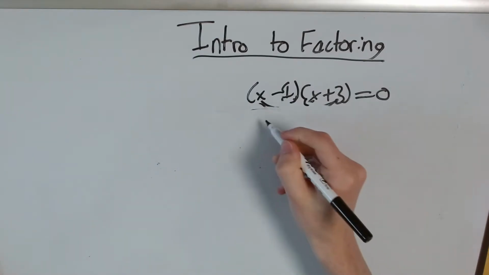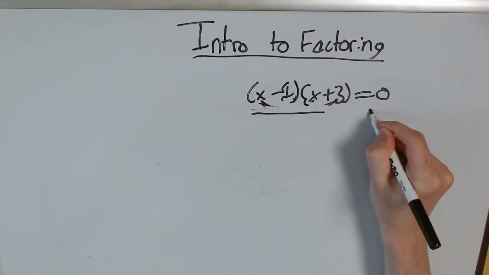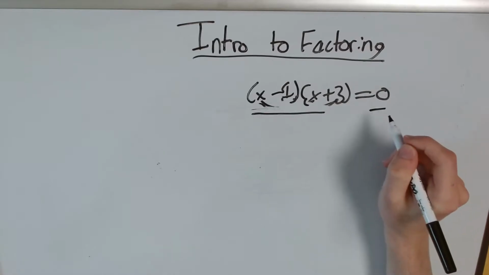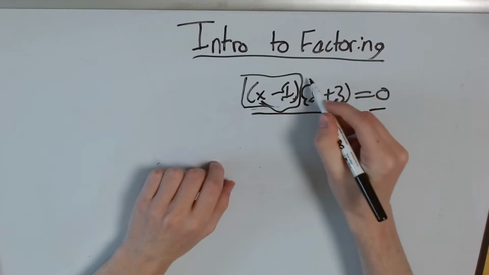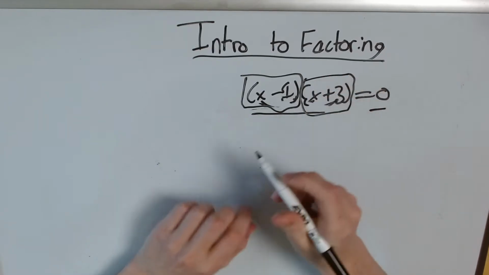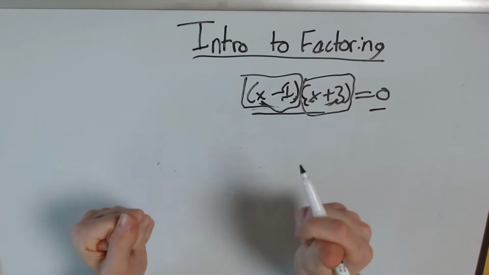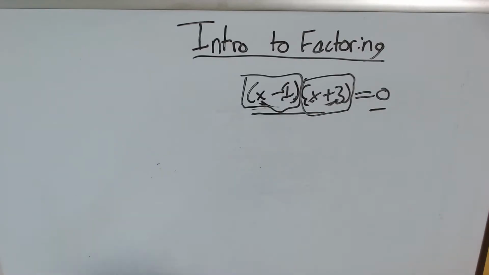Well, notice this whole thing is equal to 0. So if any x value makes either x minus 1 or x plus 3 equal to 0, when I multiply those two things together, my answer will be 0, because anything times 0 is 0, right?